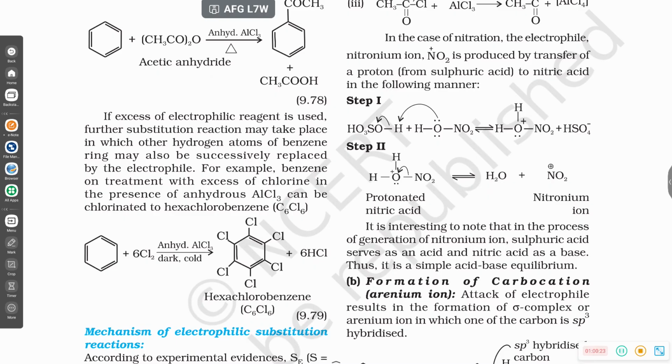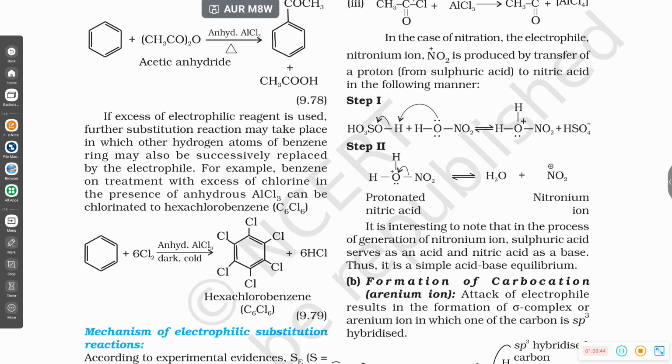Very, very important, don't confuse it. If I use excess chlorine with anhydrous AlCl3, all the hydrogens are substituted by chlorine, forming hexachlorobenzene, C6Cl6.